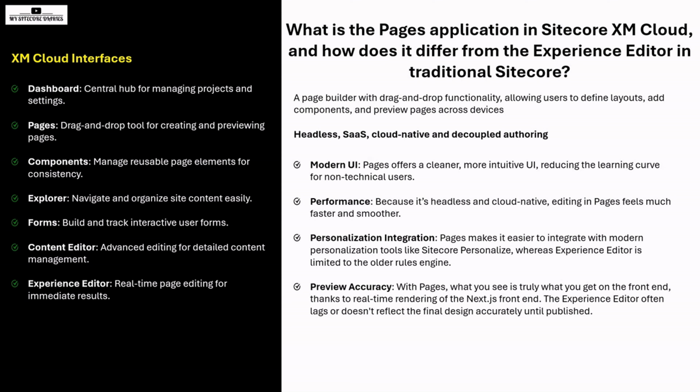The experience editor often lacks this and doesn't reflect the final design accurately until it is published. So there might be some gaps when you compare the experience editor with the actual page. So these are the four key differences between the experience editor and the pages application in Sitecore XM Cloud.